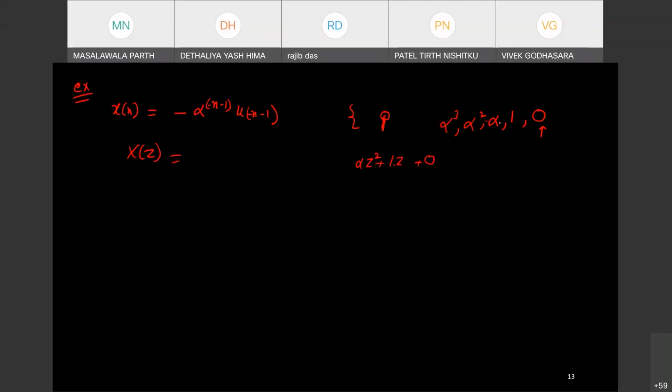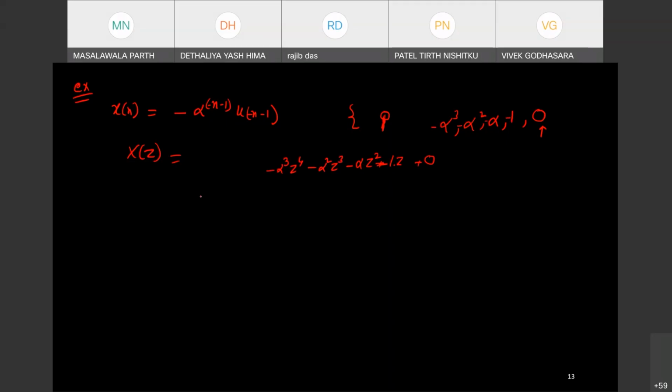Exactly, you are right. This is minus 1, minus alpha, all those things. So the minus sign is always there: minus alpha square, minus alpha cube, and for n equal to minus 4 like that.